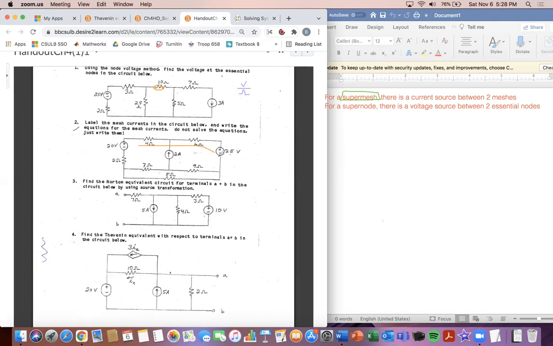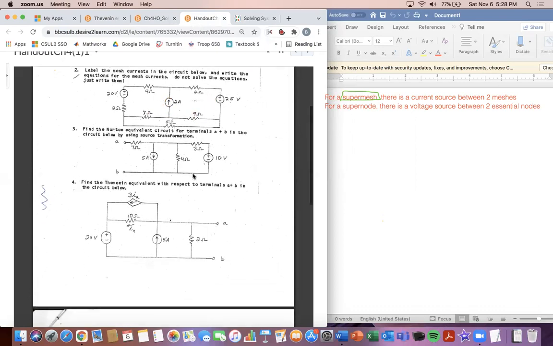And here we form a super mesh because there is a current source between these 2 meshes right here. And so then when you do that, you'll notice you'll have to write a third equation to have this source here or this source here, because you need the amount of equations for the amount of unknowns to match up. So that's a good example for covering all those little tidbits we might have forgot about.